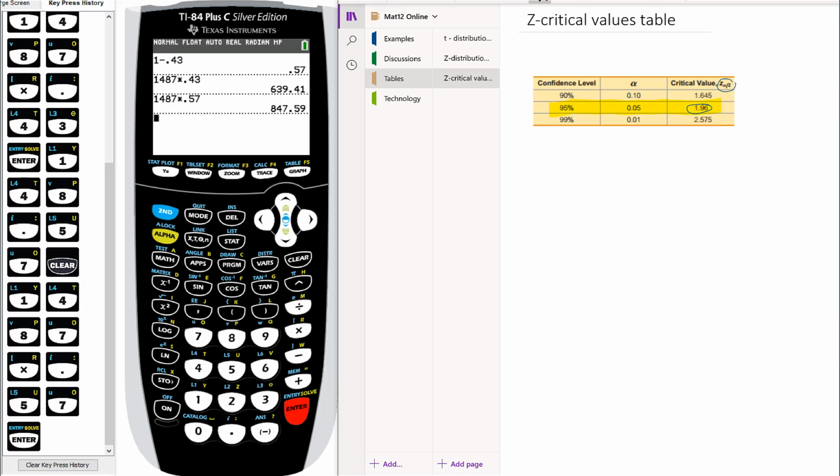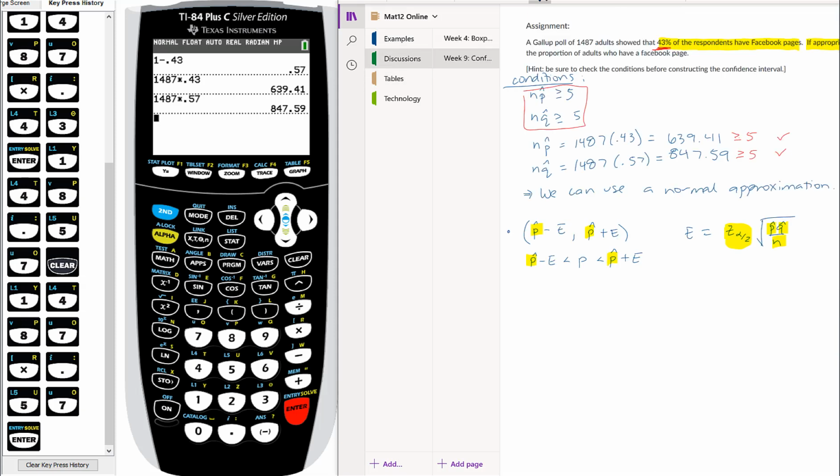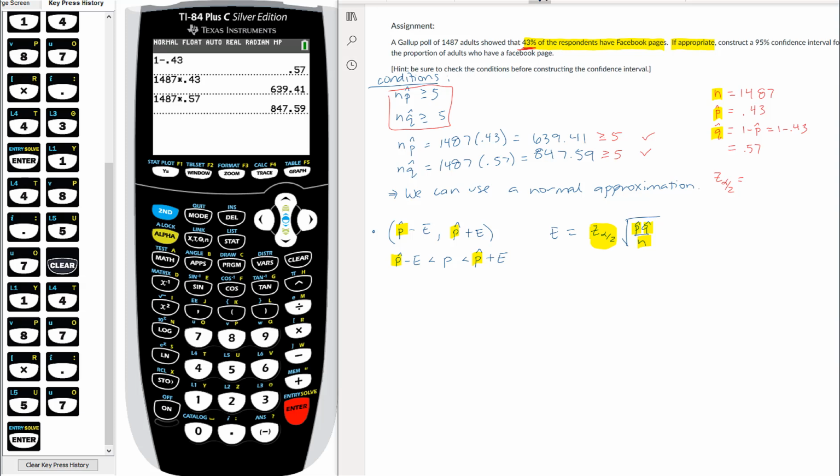So z sub alpha over 2 equals 1.96. Going back to that example, a confidence level of 95% is associated with a critical value of 1.96. So this is one way of finding z sub alpha over 2.